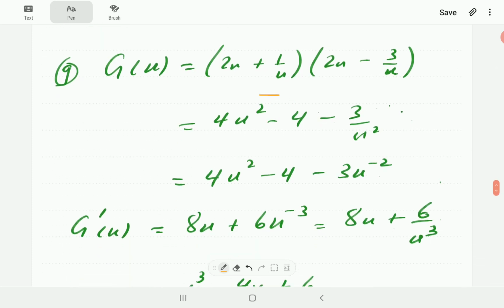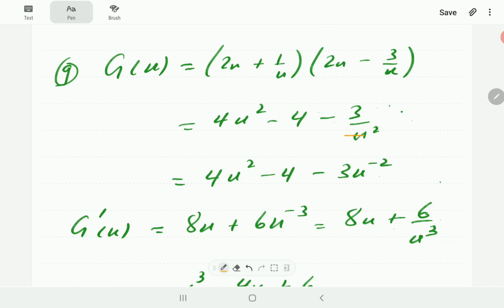In g again, we need to simplify this here, so just remove the brackets. This times this is going to be 4u squared. This times this is minus 6, and this times this is plus 2. So it's going to be minus 4, and then this times this is 3 over u squared.